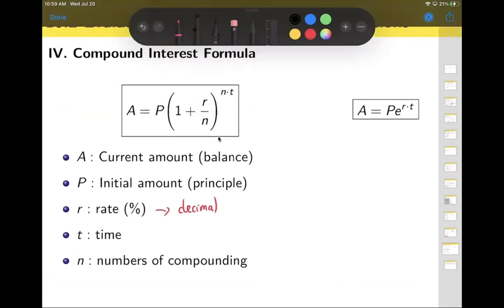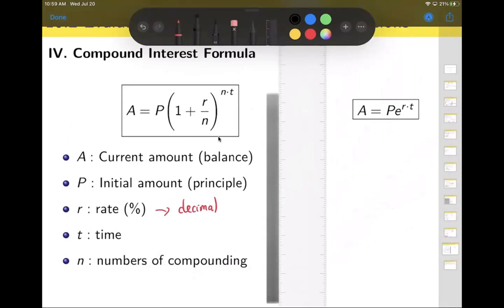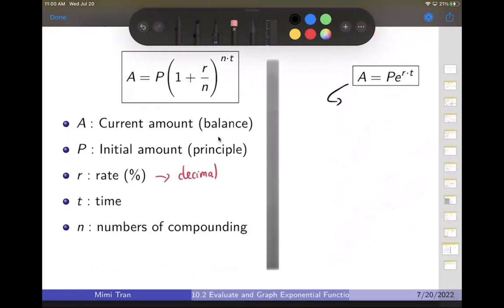Now, the other one, the one on the right, you see two formulas. It's called compound continuously. Excuse my spelling, continuously.